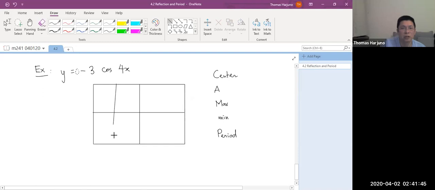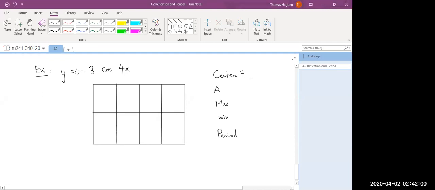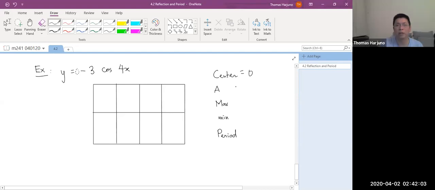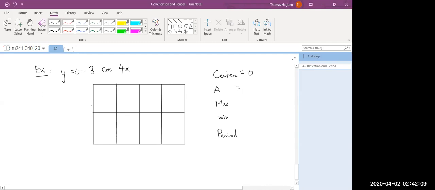So what's the center? Zero. The center is 0. How about the amplitude? -3.